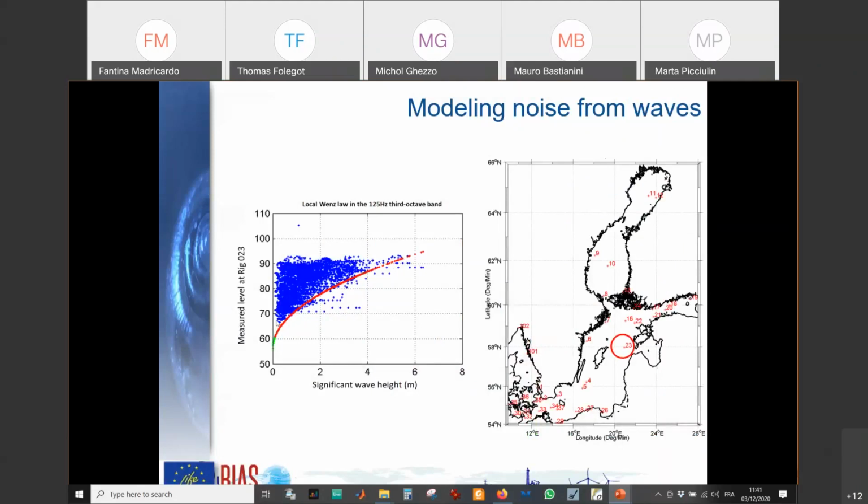But actually, when the waves are not very significant, the ocean starts to move, but the noise does not pick up immediately. You need to reach a certain significant wave height before the background noise starts to pick up.